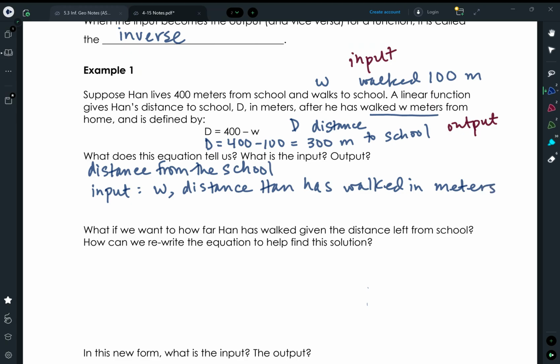And his output is going to be D, which is the distance to the school in meters.